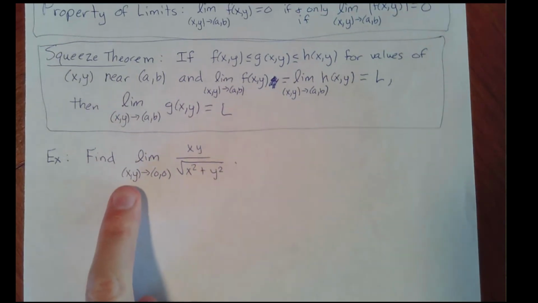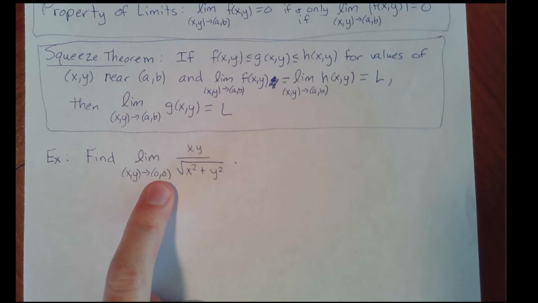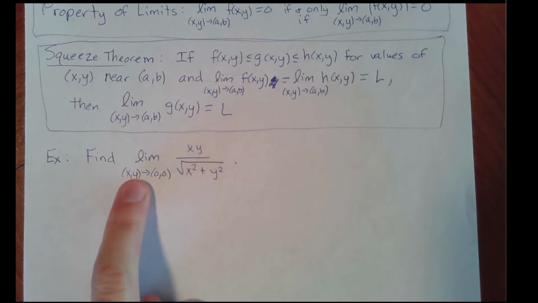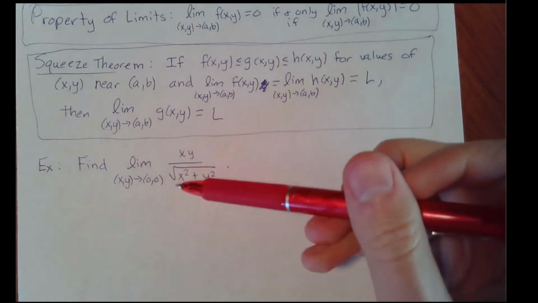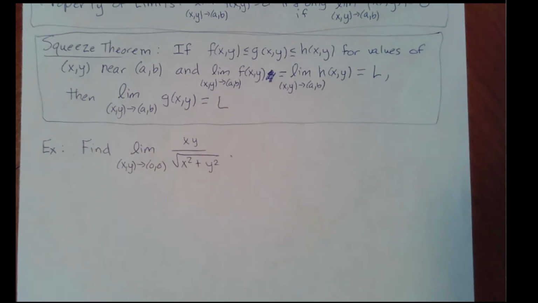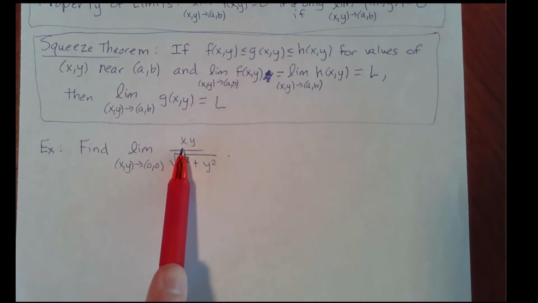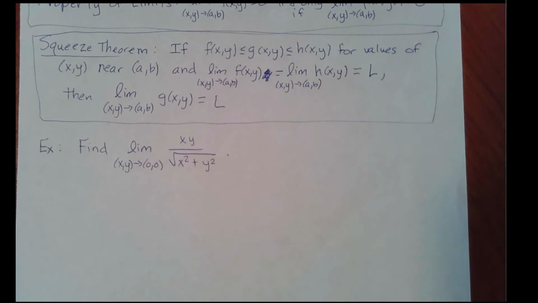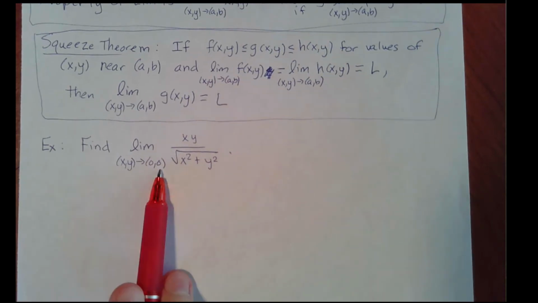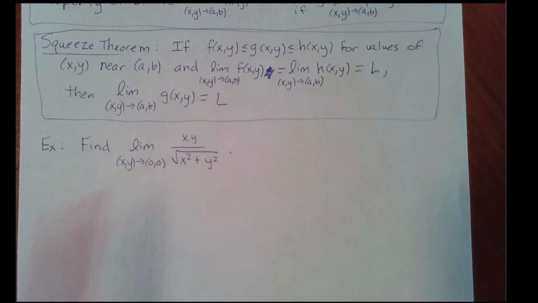So if we allowed the point xy to approach 0, 0 along the line y equals 0, in other words along the x-axis, then the limit would appear to be 0, because you have 0 over the square root of x squared, and 0 divided by anything is 0. Same thing if we let x equal 0: the numerator would also equal 0, and the denominator would be the square root of y squared, which is just y. So if we let xy approach 0, 0 along the y-axis, it would also approach 0. So we might guess that this limit is equal to 0.